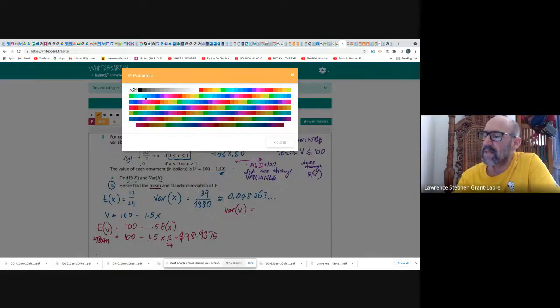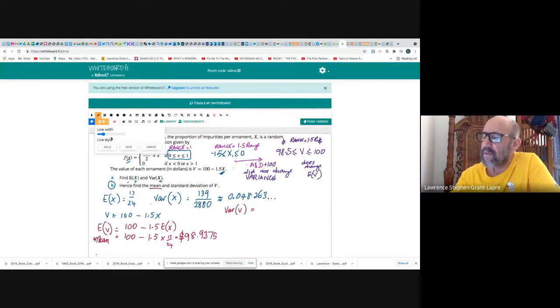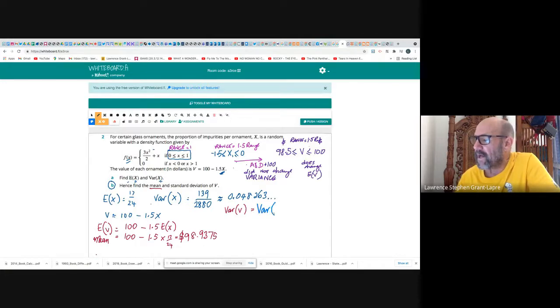We'll say that is the variance of V, and V is 100 minus 1.5 times x. Now, adding 100 does not change the variance. So let's take that 100 out. It won't make any difference. That's just the variance of multiplying each x by 1.5.